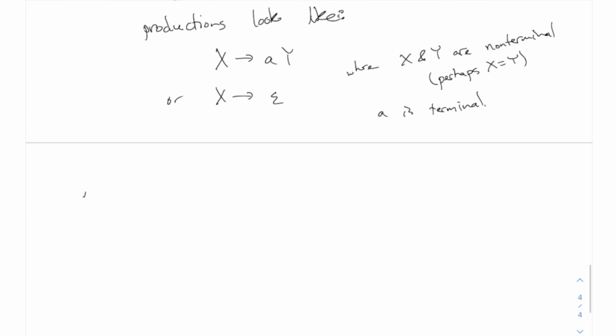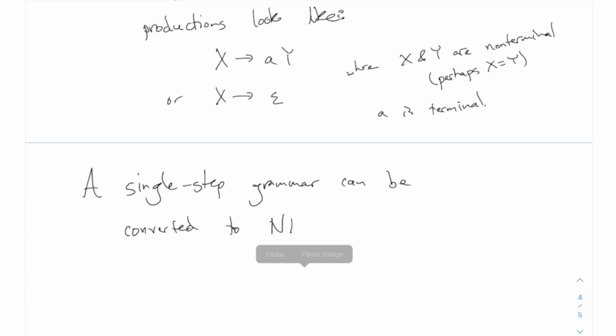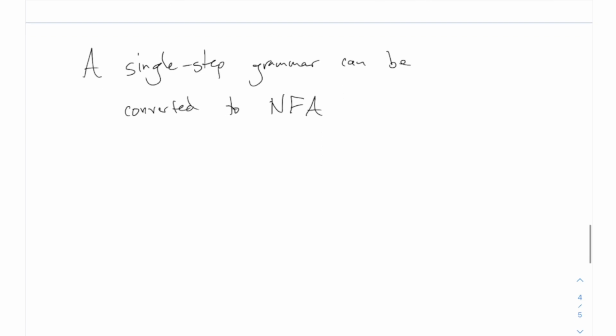So a single step grammar can be converted to an NFA. That's because a single step grammar is going to make a regular language. And so apparently you can make an NFA out of a single step grammar. So this is kind of the reverse process.